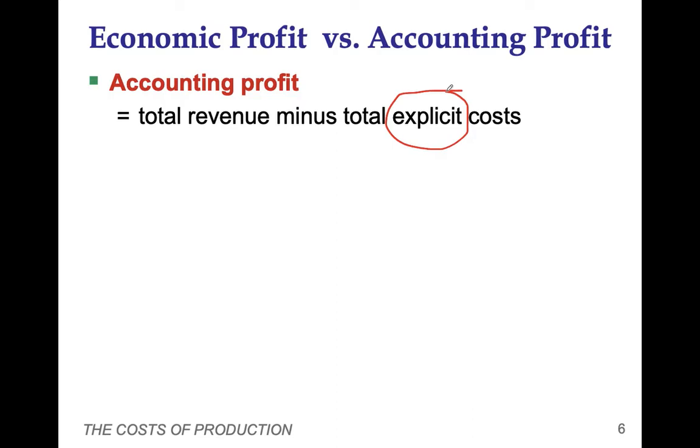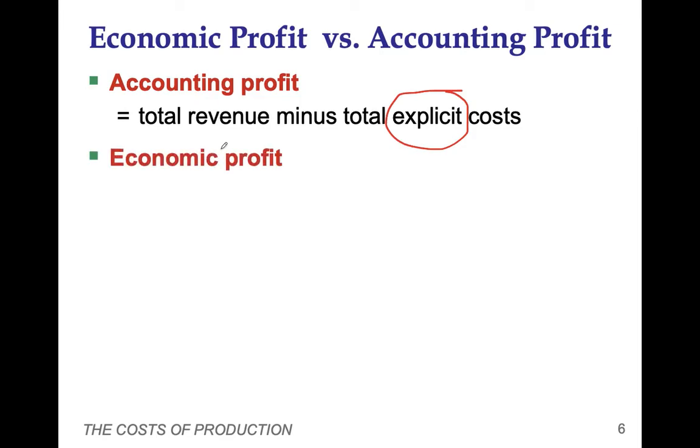An accountant, when computing the profit of the firm, of course bases his calculation on bills and tangible proofs that show how money flows into and out of the firm, and he or she calculates these costs.